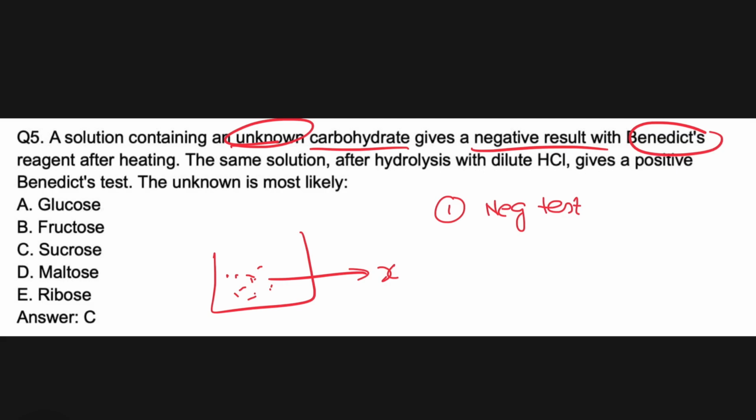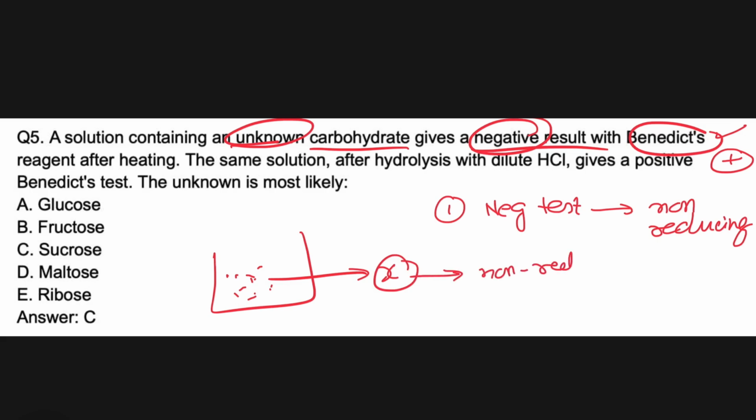If it's a positive test, the sample contains a reducing sugar, but we have a negative test, which means that the solution contains a non-reducing sugar. So this X is a non-reducing sugar, and I told you that you must remember some examples of which types of sugar are non-reducing.